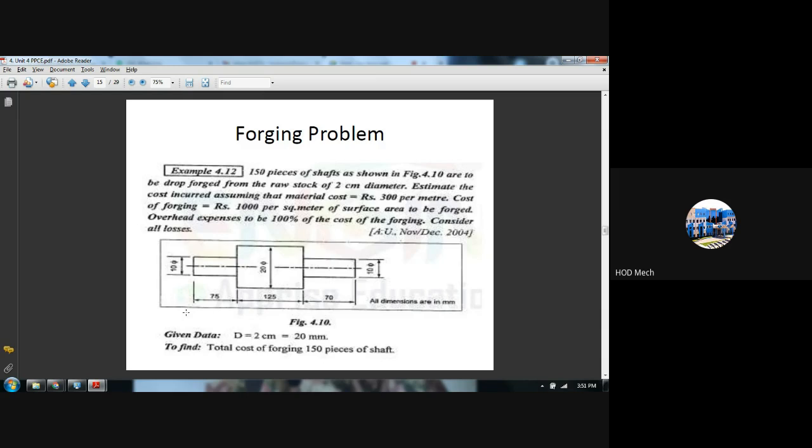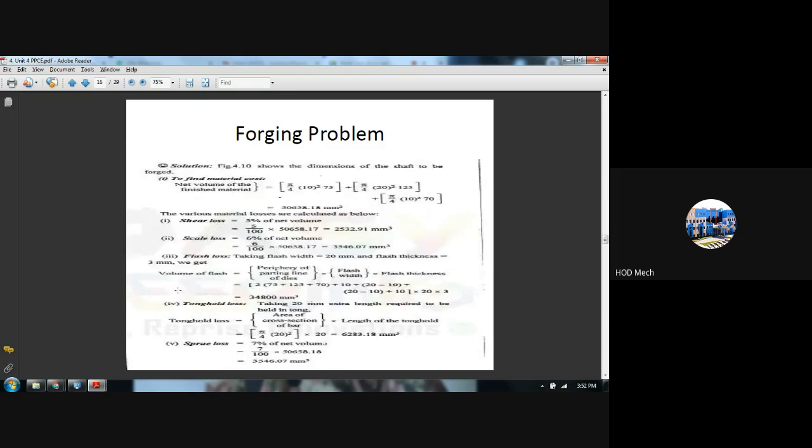ஏன்னா you are going for forging பண்றீங்க. Forging பண்ணும்போது you cannot hold it with your bare hand. Then you have to use a device, equipment, tool you have to use to hold it. Right?